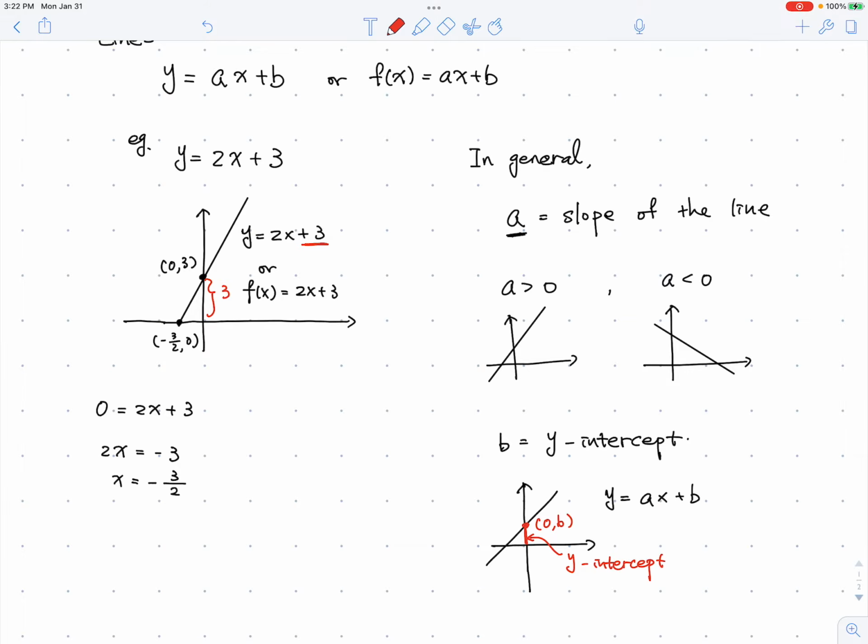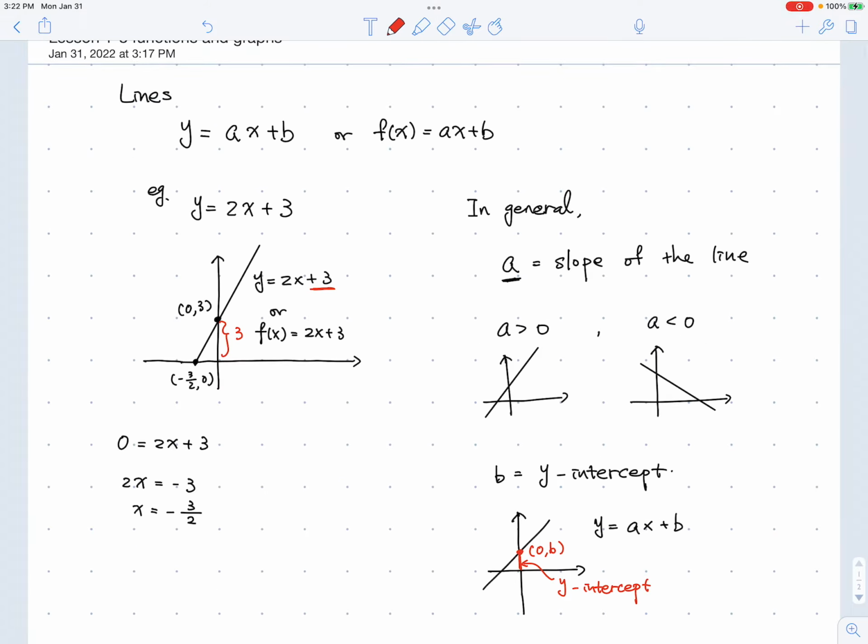Okay, so this is what we know about lines. This is also a polynomial of degree 1, i.e. you have ax to the power 1 plus b times x to the power 0.